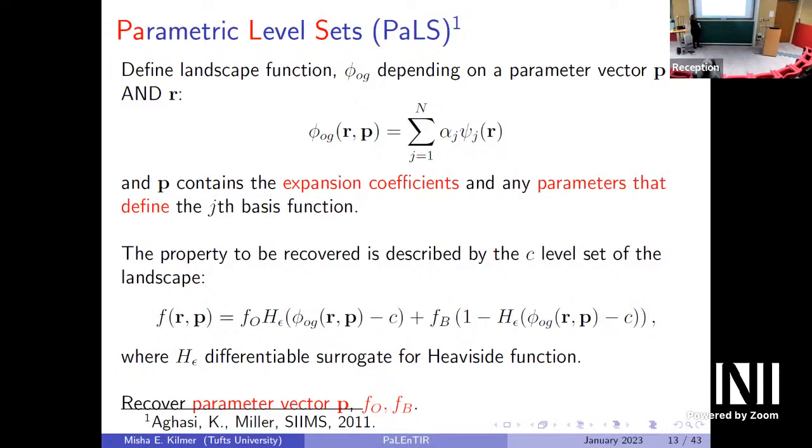Okay, so the property that is to be recovered is going to look like some value inside the object times a Heaviside approximation. I take the C level set, and a background value, which I may or may not need to solve for, times the converse.